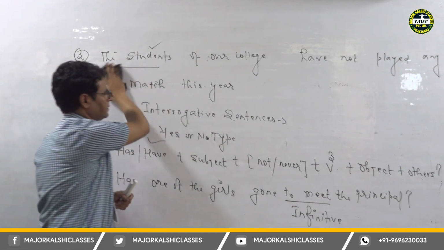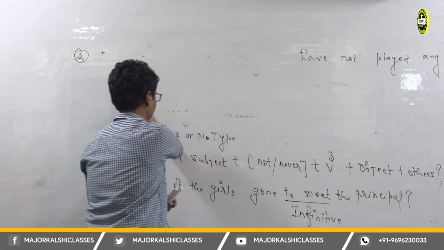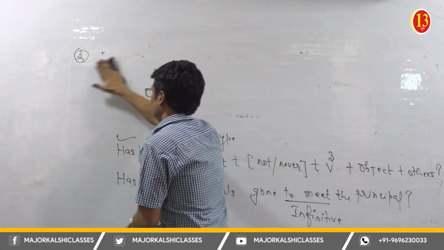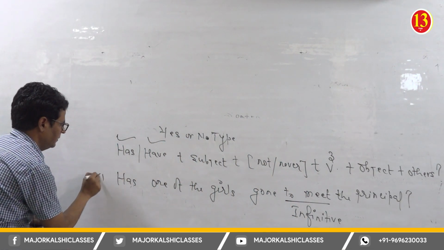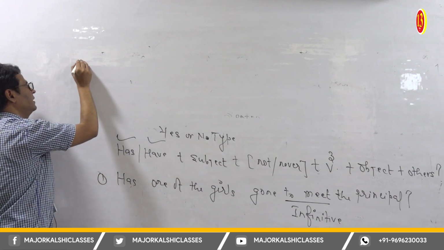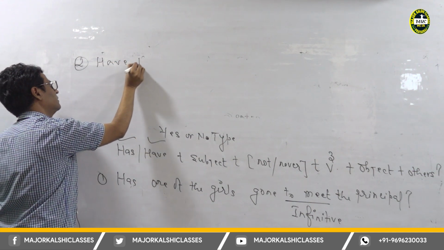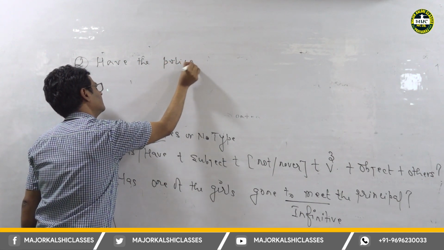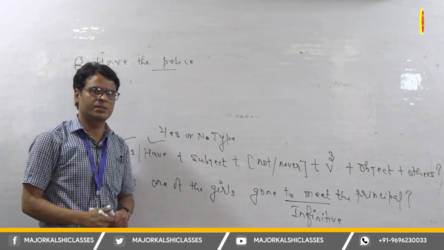One more sentence. This is the first example, and the second example is: Have the police arrested the culprit red-handed? Police, it is your plural subject, because police is a collective noun.